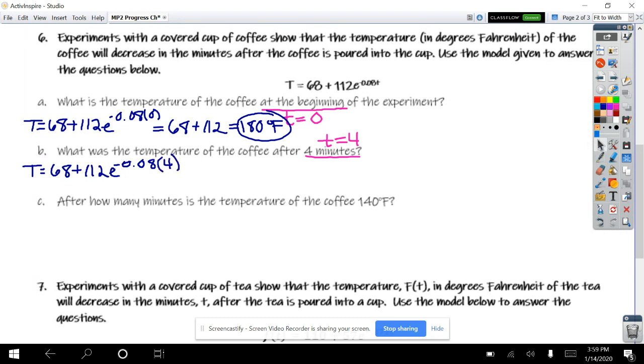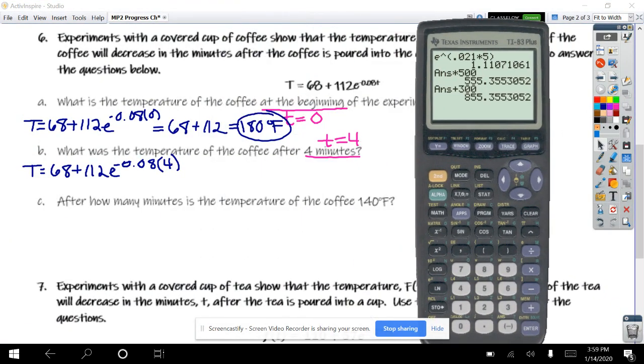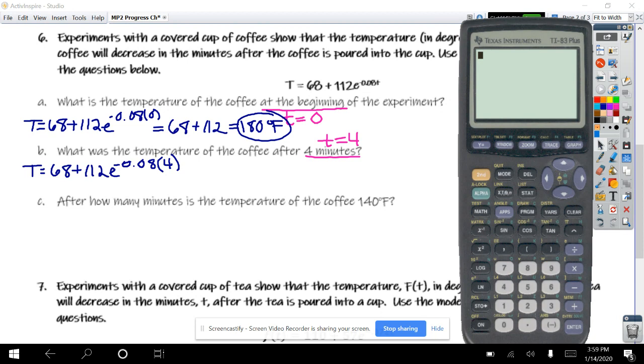I'll show you one more time how to put this into a calculator. So I'll clear this. Start with the e part, just the e. So second e, negative 0.08 times 4.